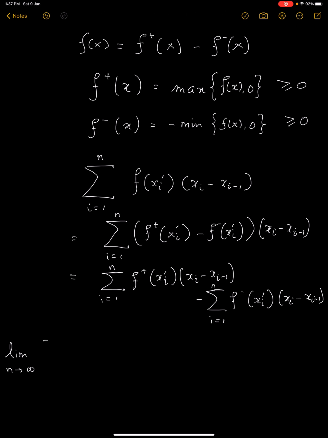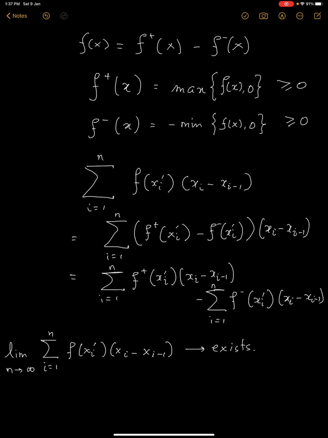I am assuming that it exists. We suppose that. So it implies that these two must also individually have limits, otherwise the limit of this whole sum cannot exist.